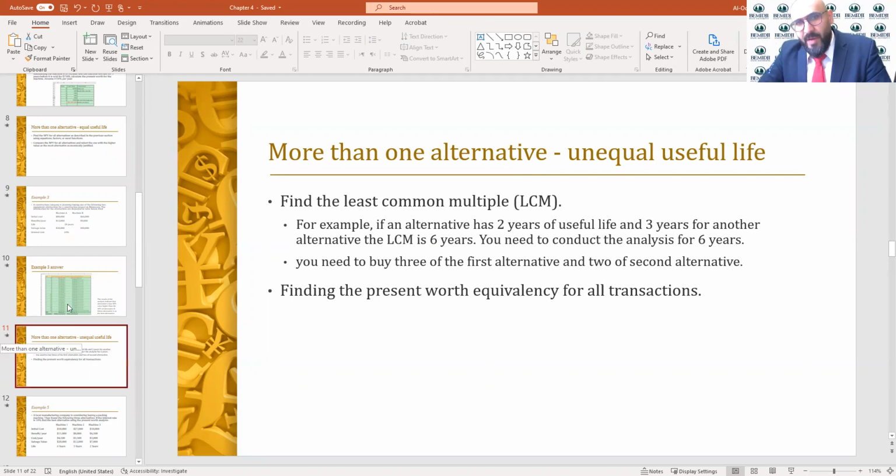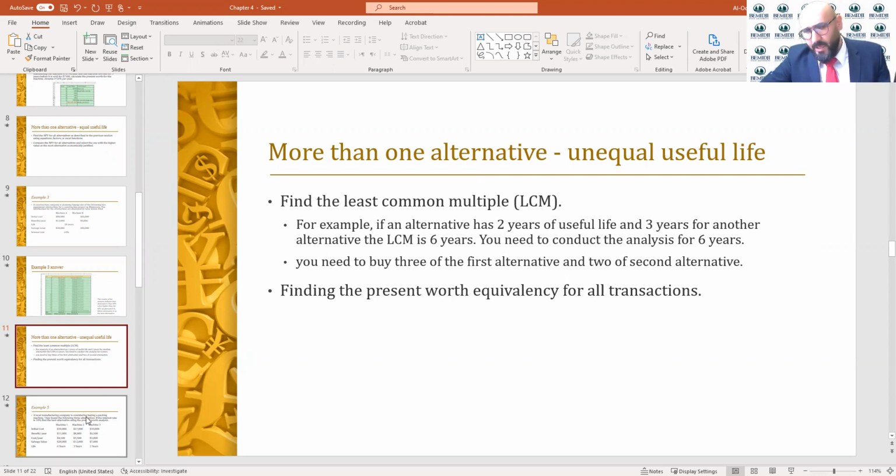So for example, if we have an alternative with 2 years of useful lifetime, and 3 years for another alternative, the least common multiplier would be 6 years. And so therefore we need to conduct the analysis for 6 years. What does that mean? We have to buy 3 of the first alternative because it has 2 years useful life, and 2 of the second alternative, and then we find the present worth.